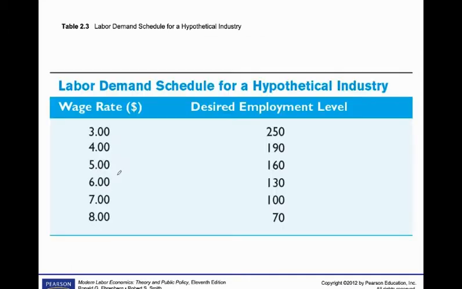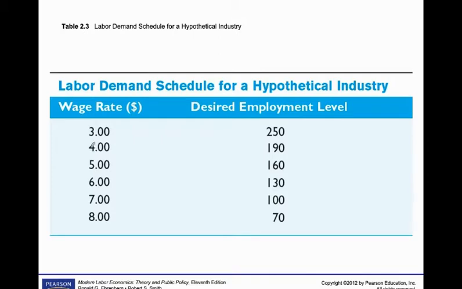So let's start with the demand for workers. Consider this table. It shows the labor demand schedule for a hypothetical industry. The first column shows the wage rate in terms of dollars, and the second column shows the number of desired employment. In other words, this is the demand for workers by these particular firms.